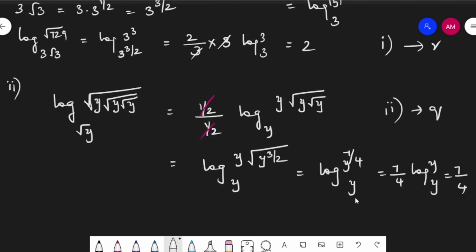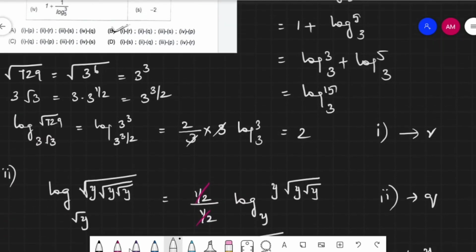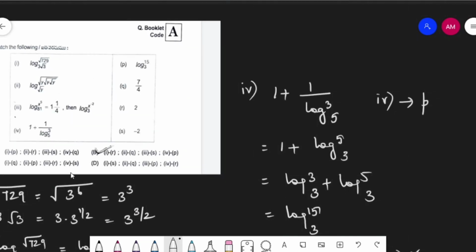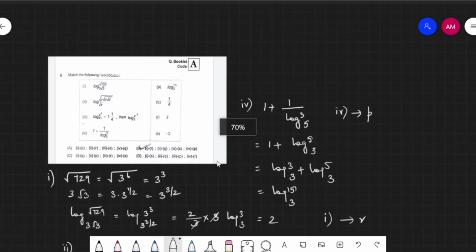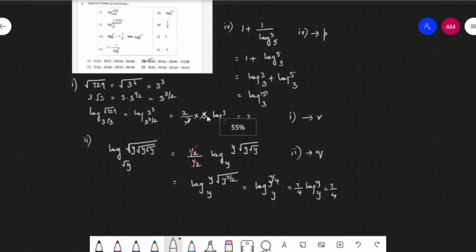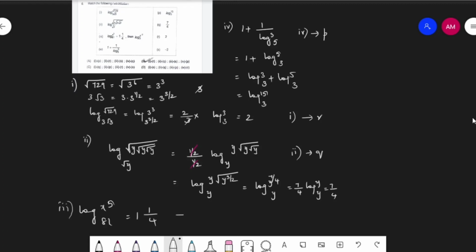So let us see the next one. What is the third one? Third one is log x power 5 to the base 81 is equal to 1 by 4. Let us see that. What is 81?